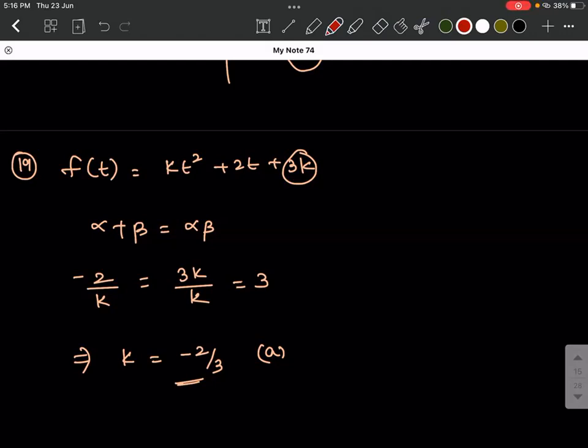20th. The zeros of a quadratic polynomial 100x square plus 50x plus 99 are... not possible, because if you look at the discriminant, it is negative.